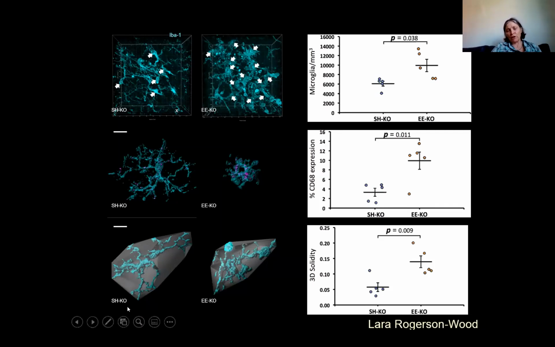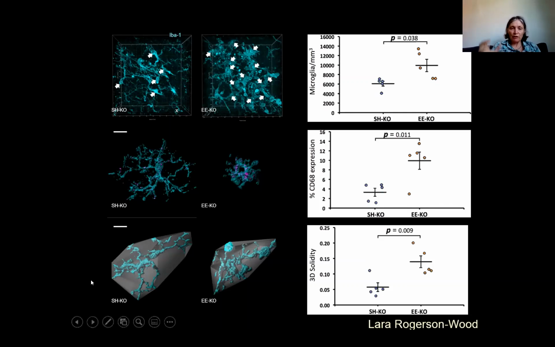To quantify the morphology, she used this 3D solidity index, where she made a 3D envelope around the processes and compared the volume of the envelope to the volume of the microglial cell itself. Basically you expect the envelope to be more thoroughly filled by the microglia when they've taken on the amoeboid morphology. Again, there was a significant increase, suggesting these changes in microglial morphology are consistent and real.